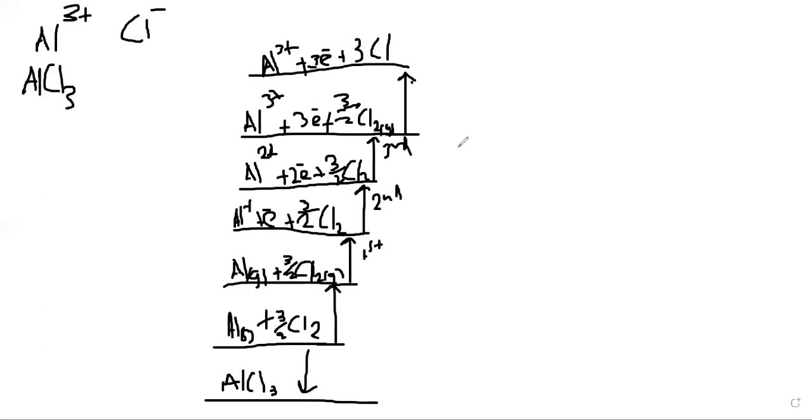So remember, in the previous examples, we only needed 1 atom of the negative ion, but this is AlCl3, so we need 3 atoms of chlorine.